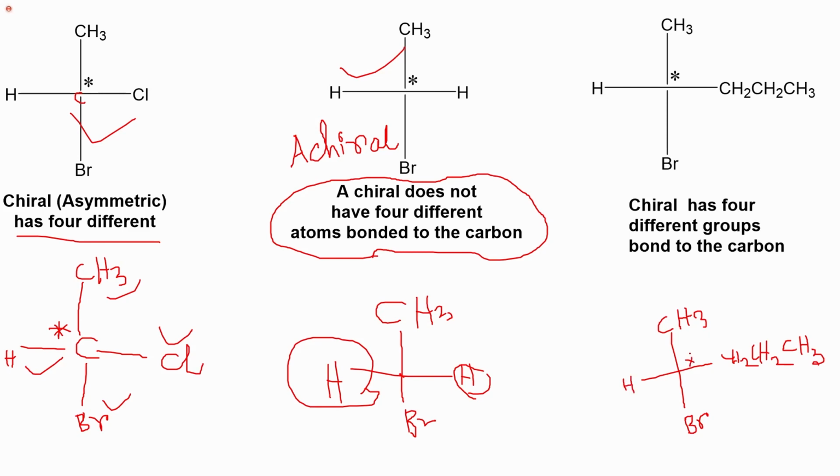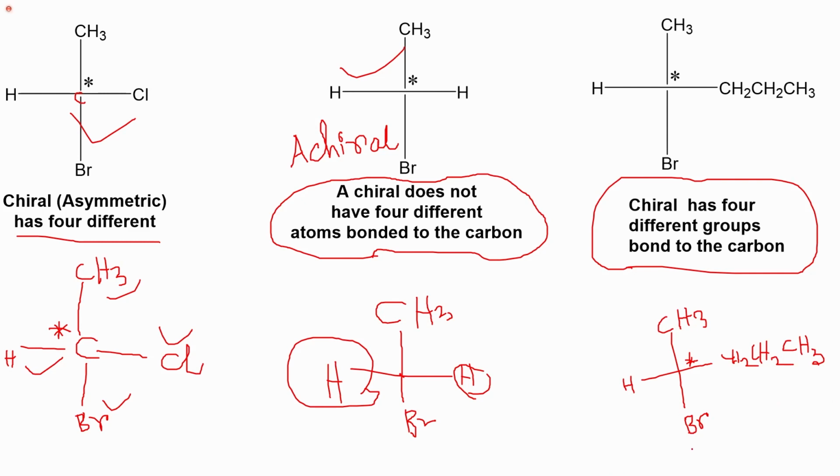Right. So here is a chiral molecule, because it has four different groups bound to the carbon. So CH3, Br, hydrogen, and CH2, CH2, CH3. Chiral has four different groups bonded to the carbon atom. Now you can see there are four different groups.